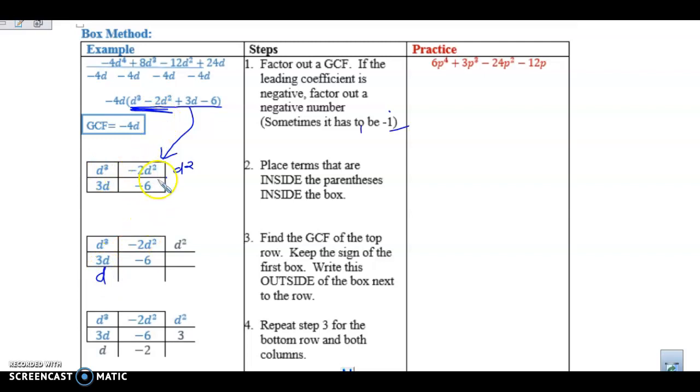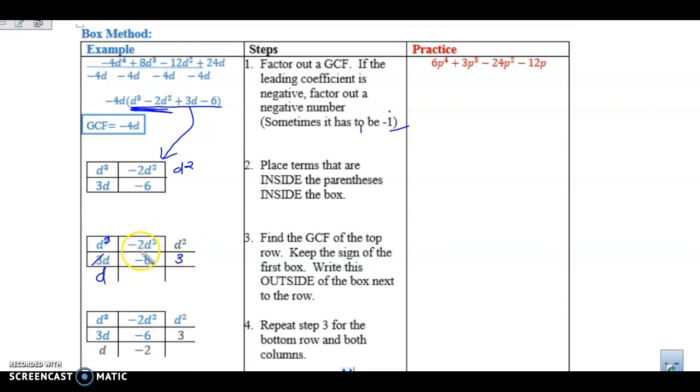And that leaves me with 1 d. And then I have a 3d and a negative 6, and I know that I can take a positive 3 out of both of those. So that's where my positive 3 comes in. I already took 2 of those d's, so that's 1 d here.